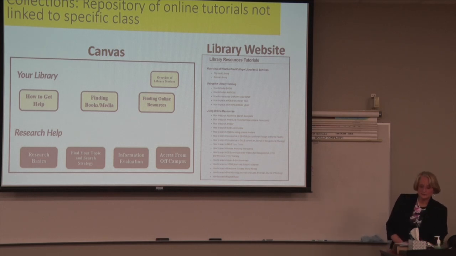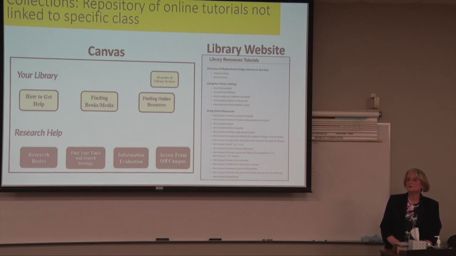We're in the process of creating an online Canvas library instruction class, and that's what this right now is. It is still under construction and not completely available yet. Faculty can use this to supplement their actual class materials. Topics are being covered that are not linked to any specific class.